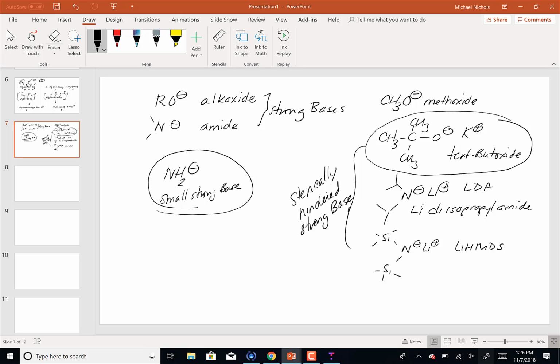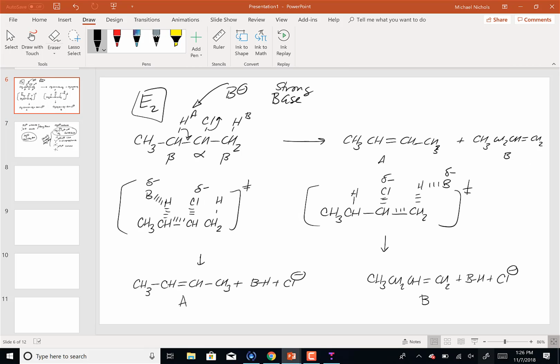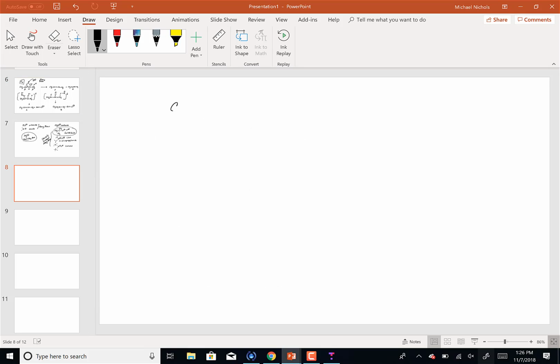Okay, so we've got our choice of bases. And so now we go back to our reaction and we say, okay, I'm going to do this reaction. I need to know what the major product is. Is it A or is it B? Well, that's going to depend on the base. How is it going to depend on the base? So let's rewrite this reaction, with our two beta hydrogens, HA and HB.